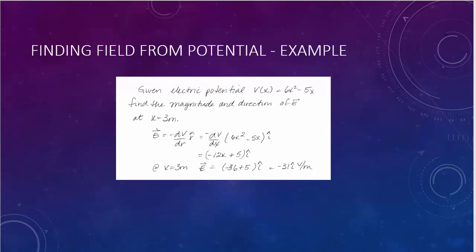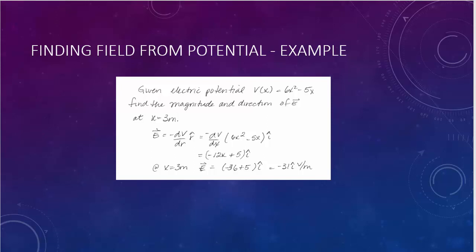And so here's a real simple example. There's another example in your book where they have some other variables in it, but just real simply, you start off with a function that is with respect to the x direction and want to find out what the magnitude and direction of the field are if the potential in this case is 6x squared minus 5x.